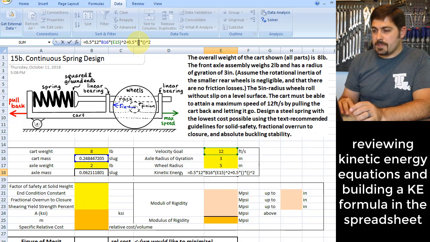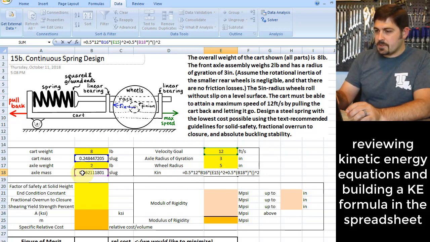For the first parenthesis, what we want to do is put in the mass of that axle assembly. Okay, axle mass, B18 right there. And then I'm going to take the radius and square it. Now here's where we get just a little bit of an interesting thing.